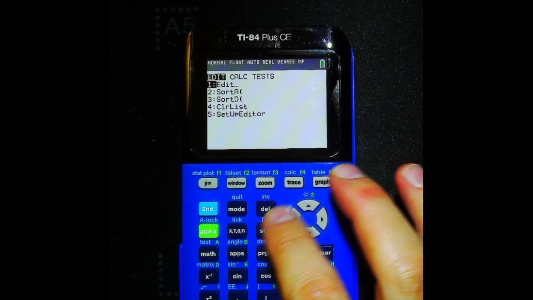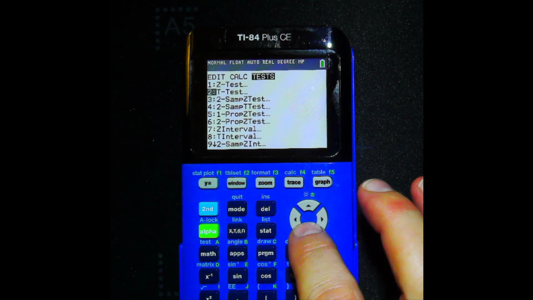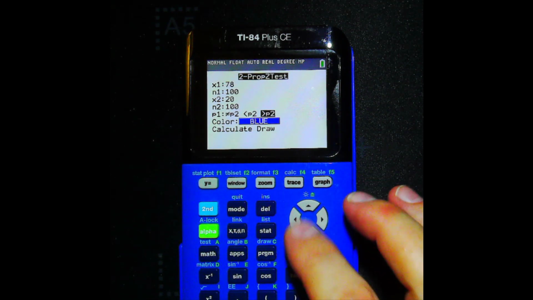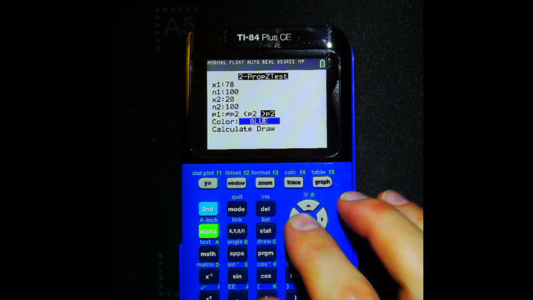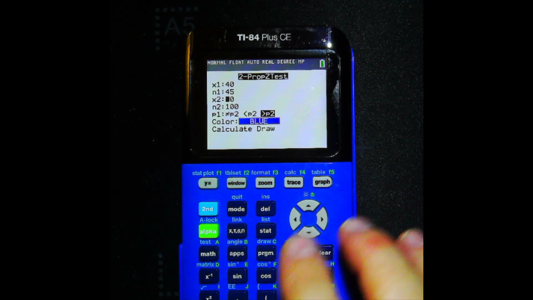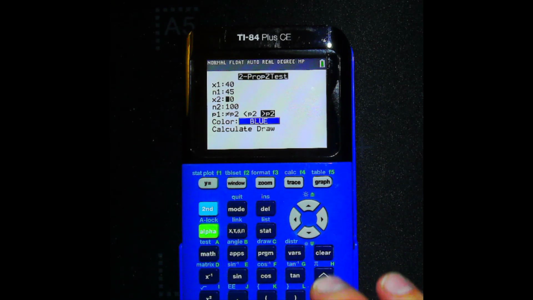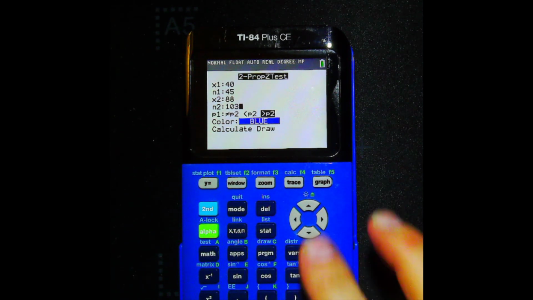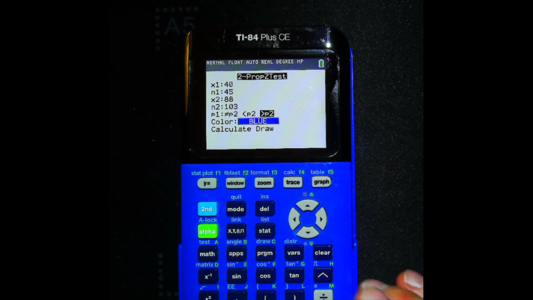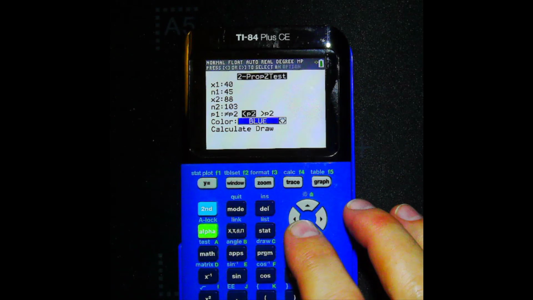We'll go to Stat, Tests, and 2 proportion z-test. In this case, x1 is 40 out of 45 for n1. x2 is 88 out of 103. We're testing to see if P1 is less than P2.